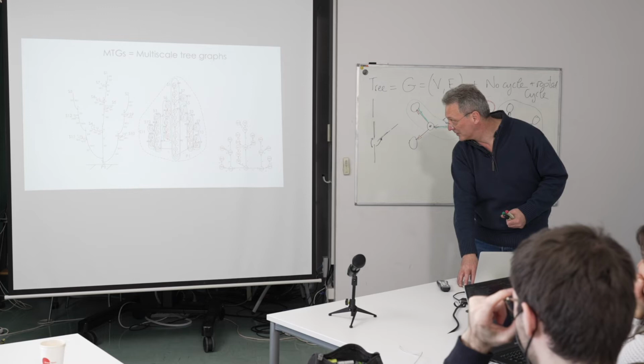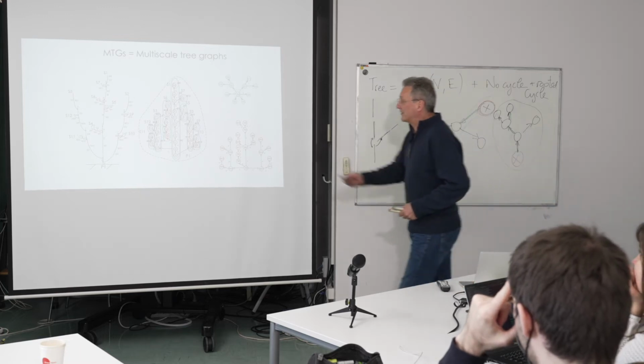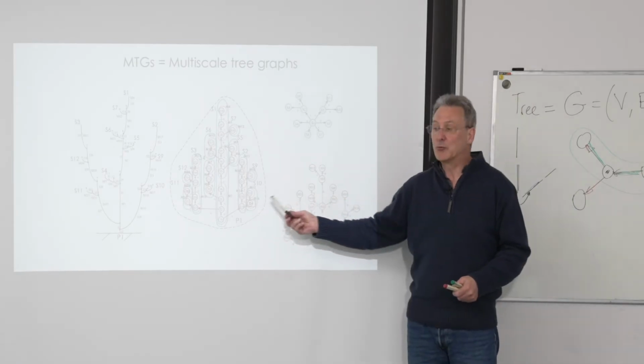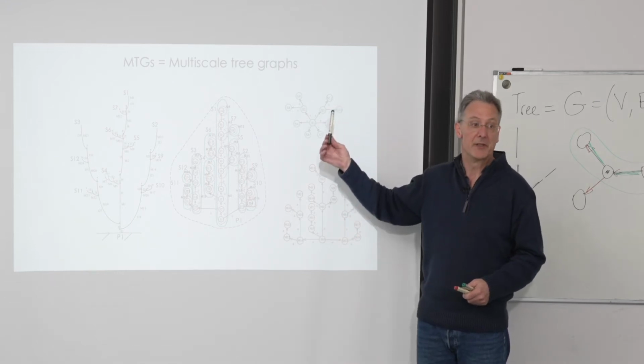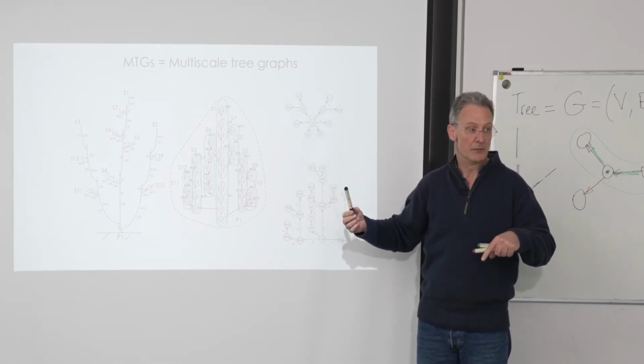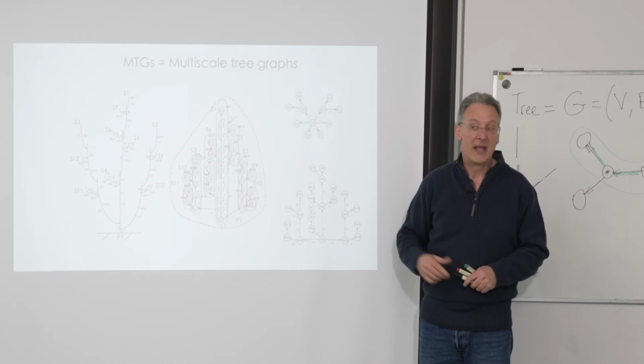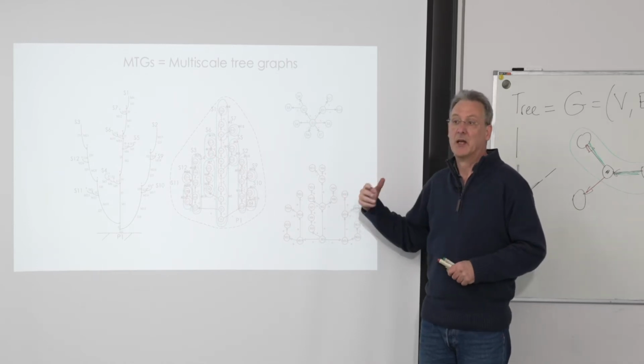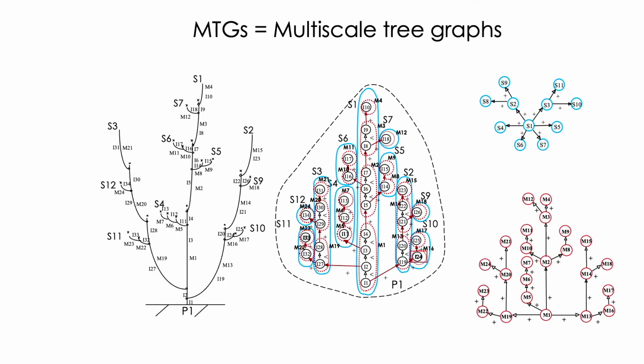And in the end, this structure represents different modularities, each one being a tree of the same plant. And with this, by looking at different ways of representing plants, we showed that we have a very generic mathematical structure to represent the architecture of the plant. And this is called MTGs, for multiscale tree graphs.